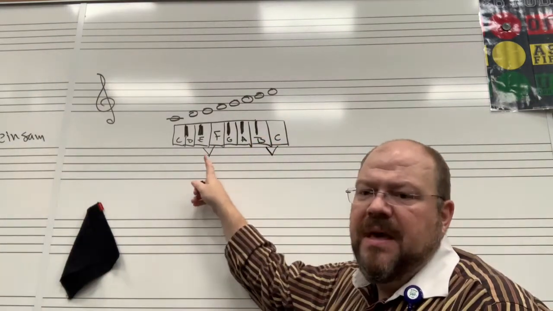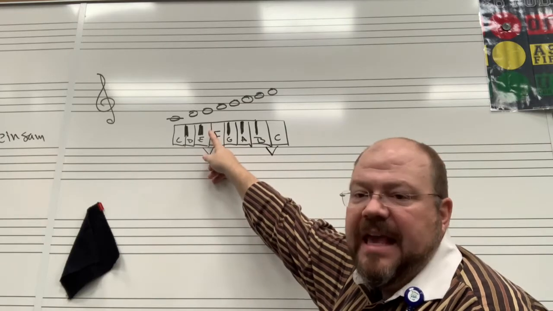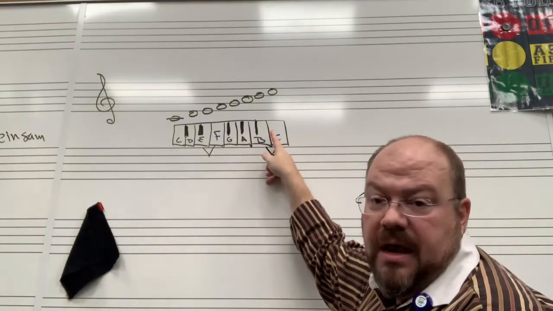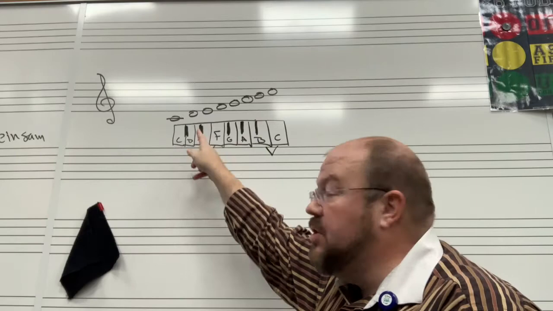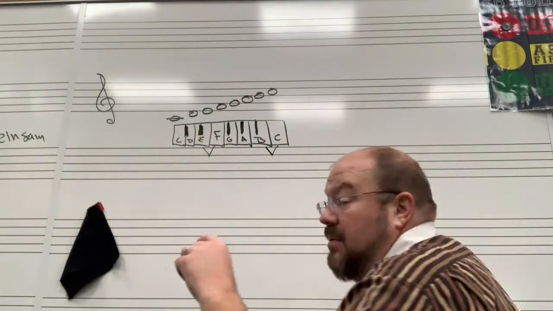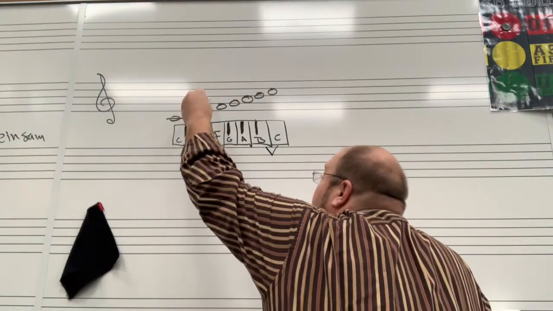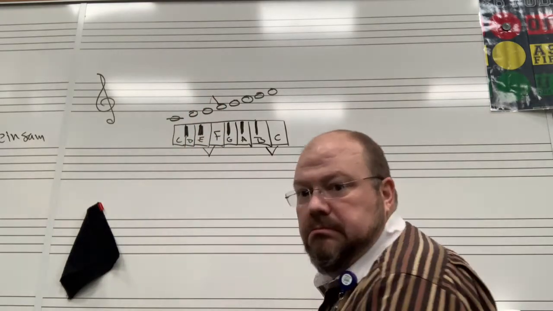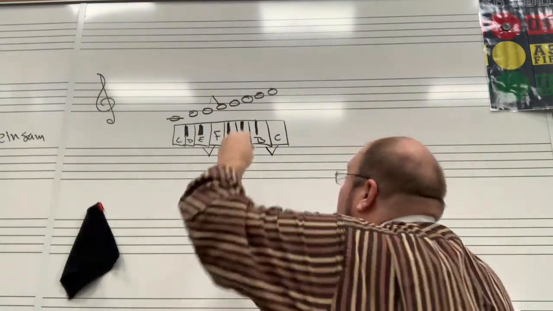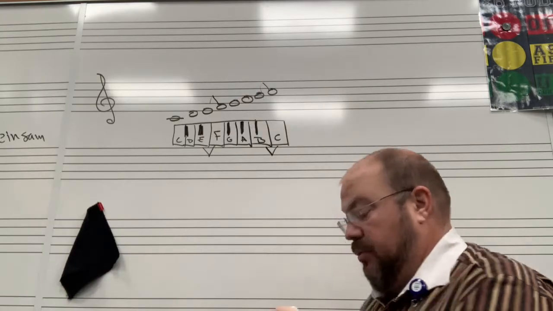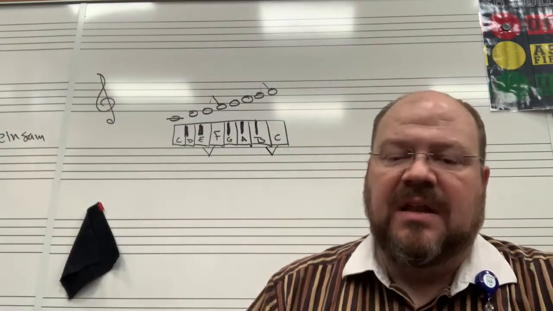And maybe it's better if you look at it and you'll notice there's no black key right there. There's no black key there. There's no note in between. The theoretical sign for half step is kind of this wedge. So there's a half step between 3 and 4 and 7 and 8.